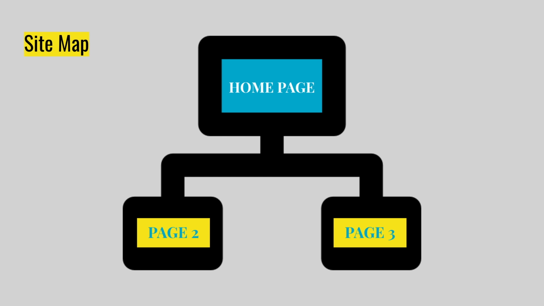We're going to have a home page, and on our navigational bar we're going to have our home page, and then from there we're going to have links to take us to page 2 and page 3. So it's going to be super simple, but it's basically giving the visitors directions of how to get to different places from within your website.